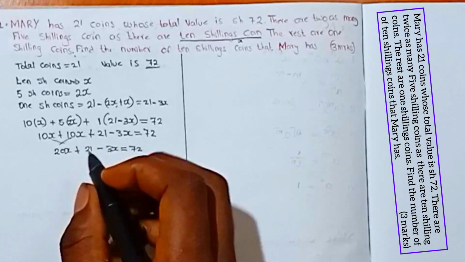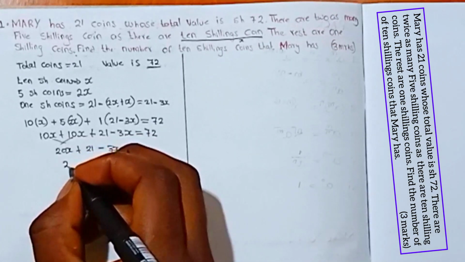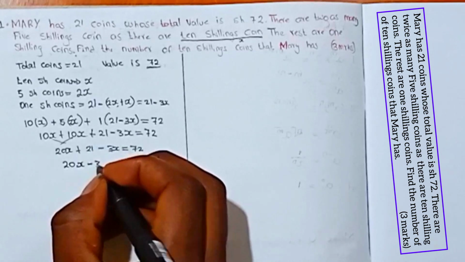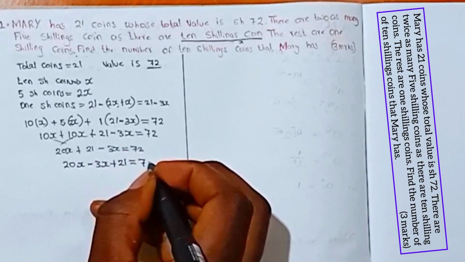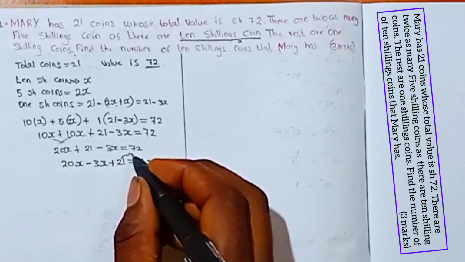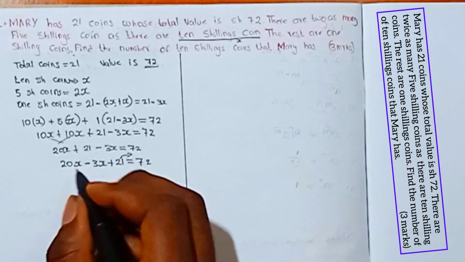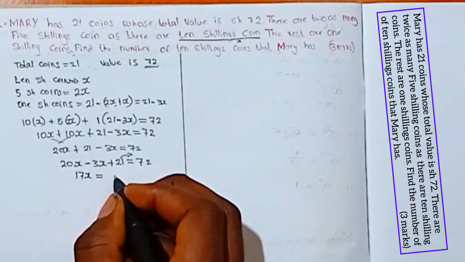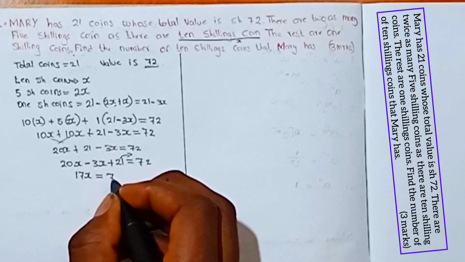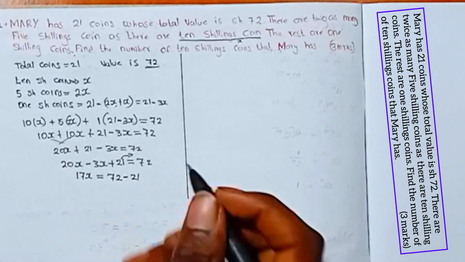So we put the like terms together, which is 20x minus 3x plus 21 equals 72. We take this to the other side. So here we're going to have 17x equals 72 minus 21.